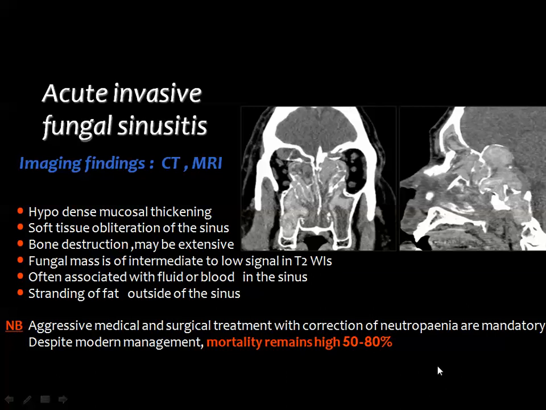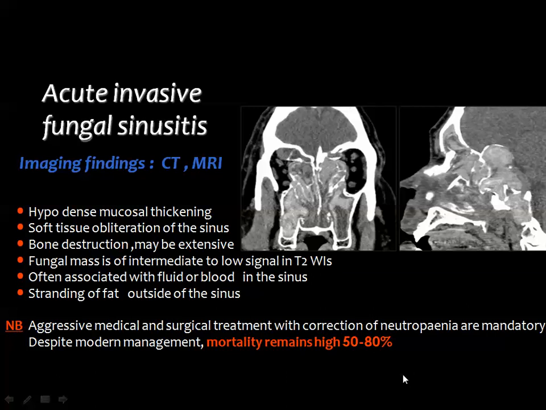The imaging findings of fungal sinusitis include soft tissue masses of hyperdensity on CT, relatively increased signal in the T1, and very dark signal in the T2. If you inject contrast, both in CT and MRI, the lesions will enhance. Destructive changes in the surrounding bones are suggestive of the invasive type of fungal sinusitis.